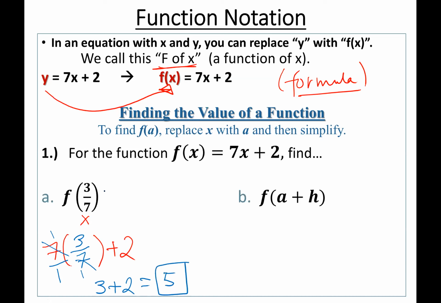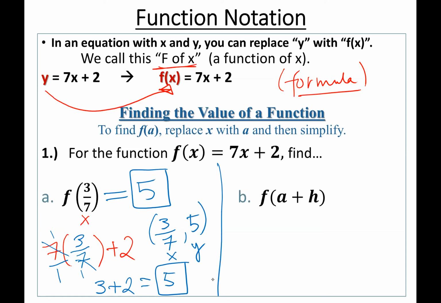That's it. That's our function value. So f of 3/7 is 5. What that means is on this graph, one of the points on the graph is 3/7, 5. So when x is 3/7, y is 5. Okay, good. Let's do one more.